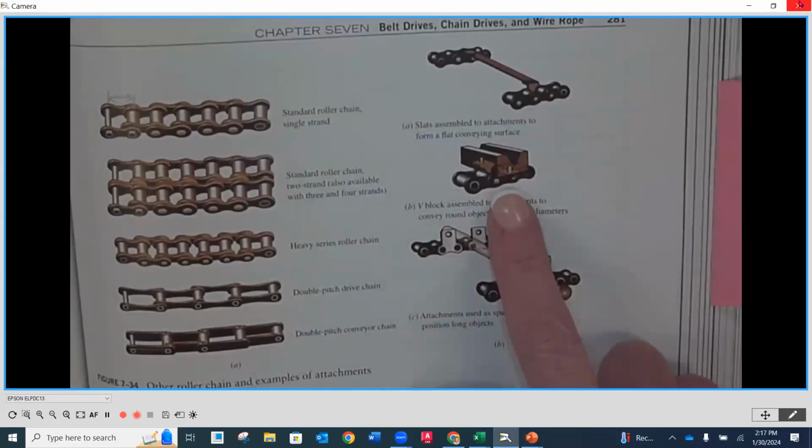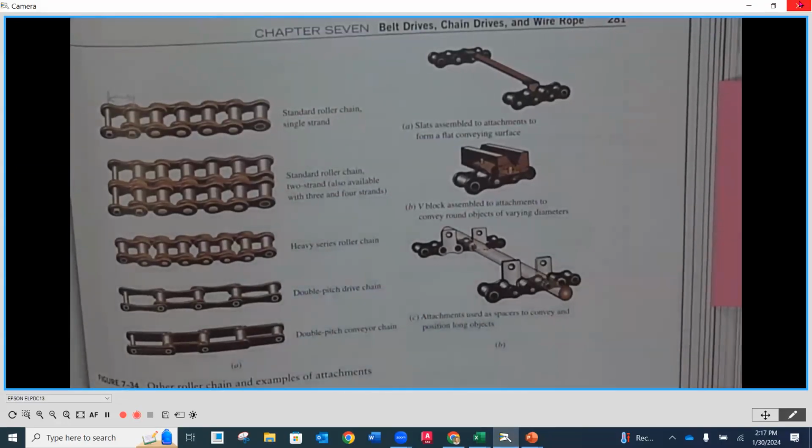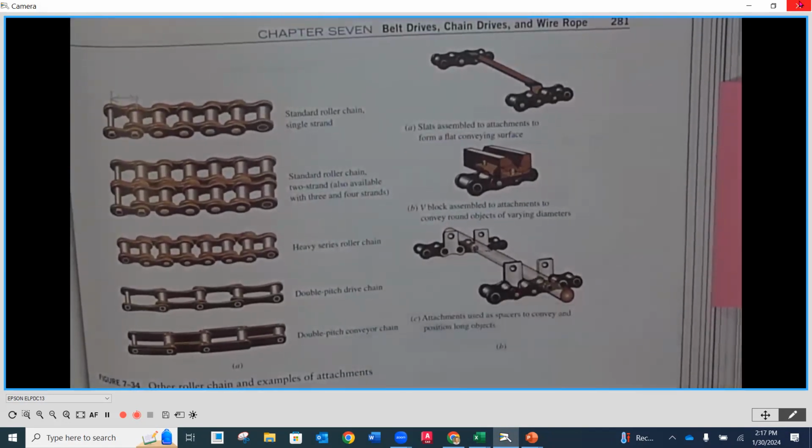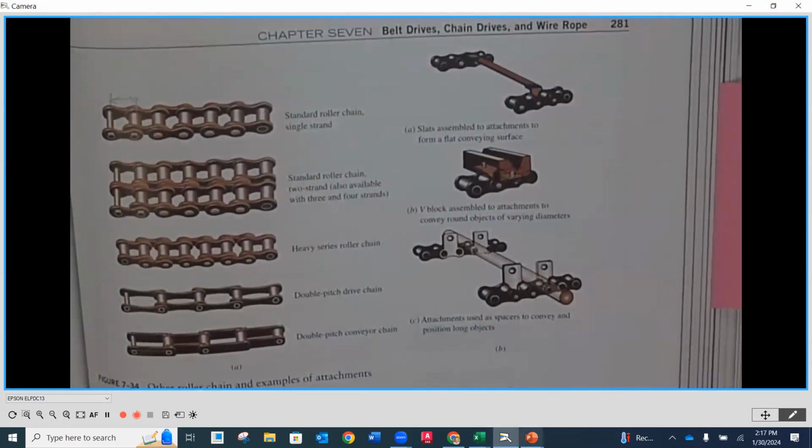The next one that we see here is a V. Maybe we're going to set down in there something that's round, and it's going to stay in that position until it's going to be taken to another. And you can have another configuration like that. And chain is nice for that because you literally can take it apart and then add these accessories to do some of these like automation types of functions. Okay, so chain is very versatile that way.